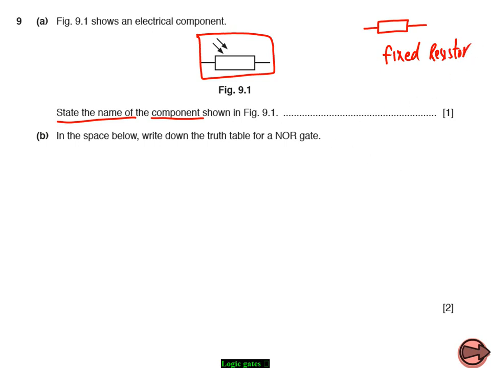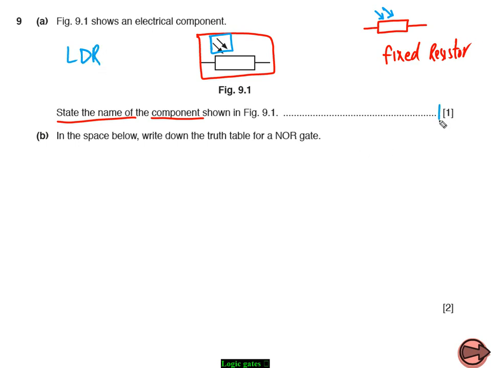Now, if we compare these two symbols, we can see the difference. The difference is here, these two arrows. What are these two arrows telling us? These arrows are telling us light is shining on the resistor. If the light is shining on the resistor, we can also simply say that its resistance depends on light, and we can call this type of resistor a light dependent resistor, or as we often call it, LDR.